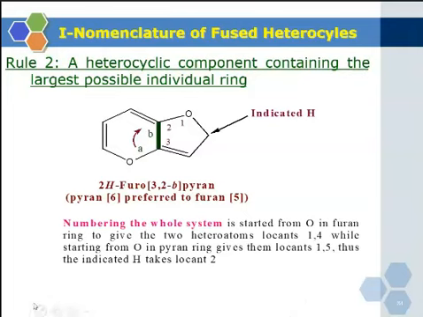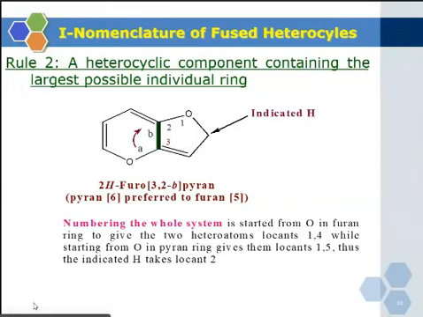And one more thing here I must say is, when we do the numbering of the whole system, the numbering should start from oxygen, and it should be done in such a way that both the heteroatoms get minimum possible location or minimum possible position number.